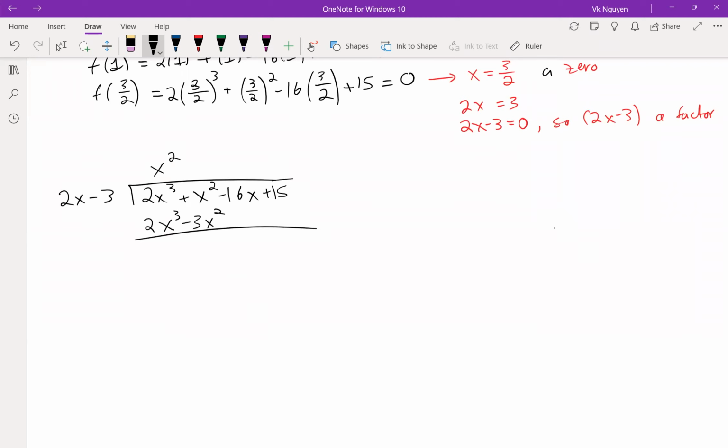Subtract them, and we have 4x squared. Pull down the next term, negative 16x.